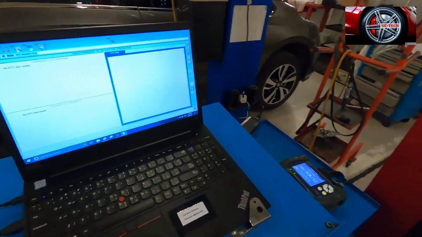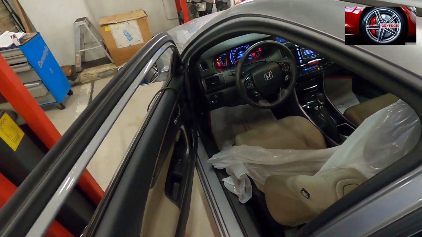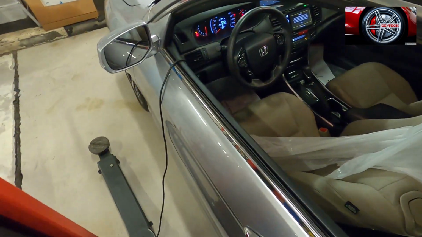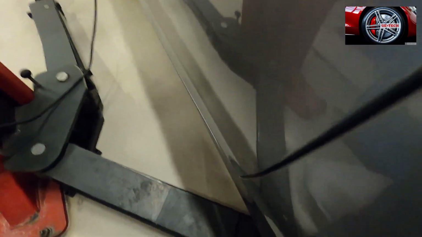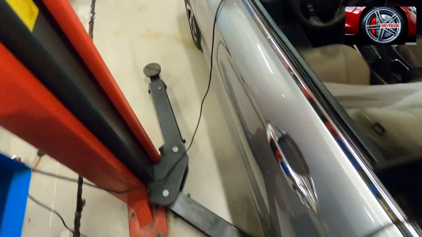Okay, now that we already cleared, we have to lift the car. Going to lift the car.